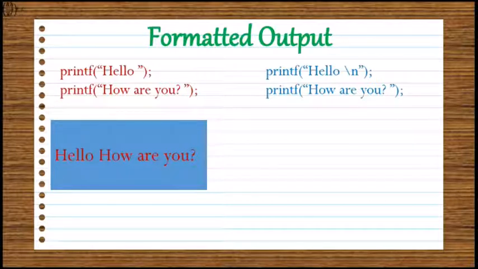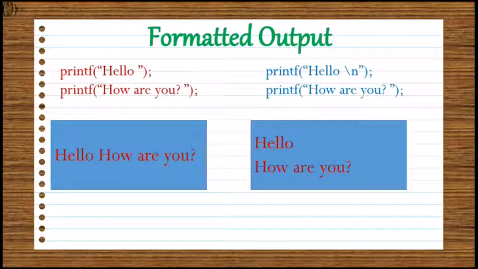So if you write this way, then on output screen it will display hello, then \n character will be in action. So it will move to the next line, and then next line, that is how are you, will be printed on the screen.